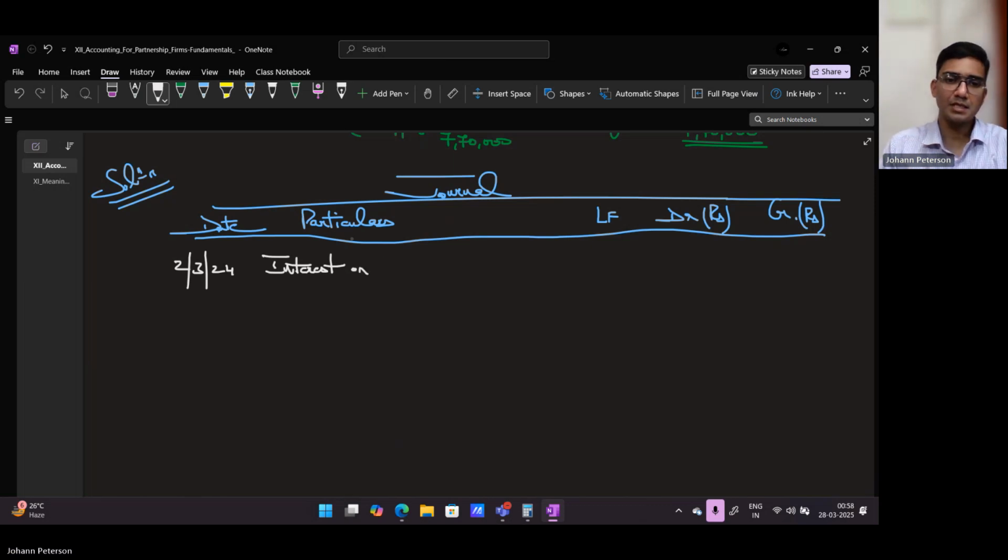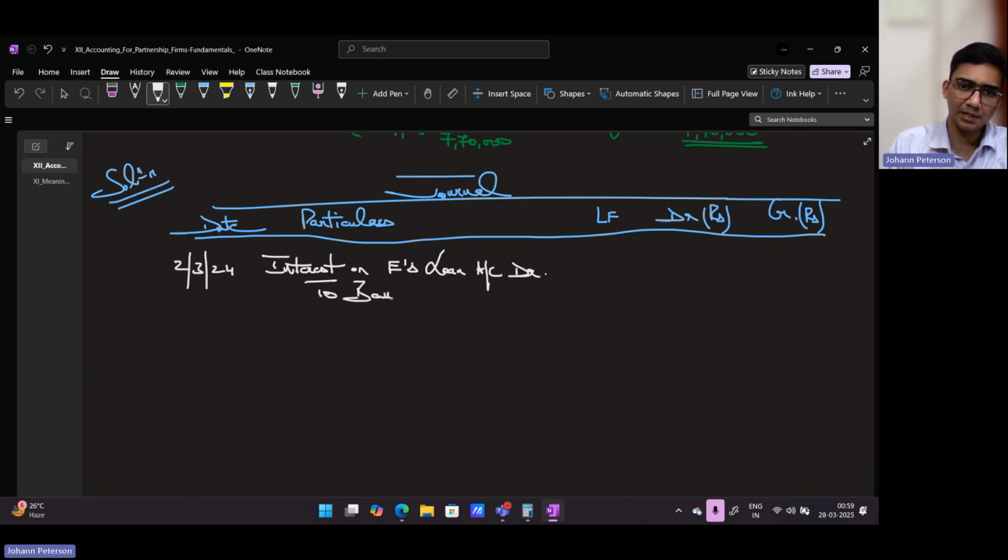Interest on E's loan account debit to bank, because it is going from our bank. How much is going? We saw 15,000 is going.